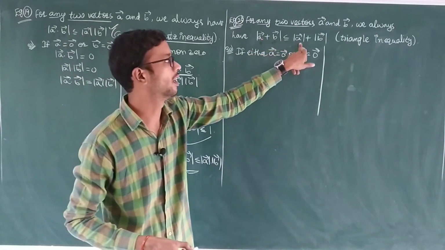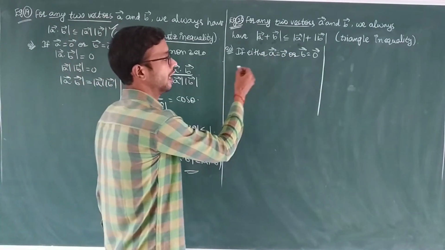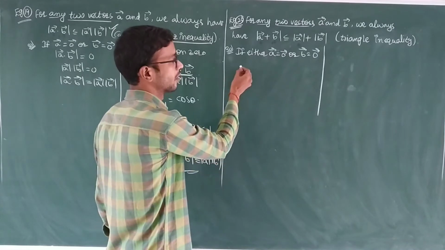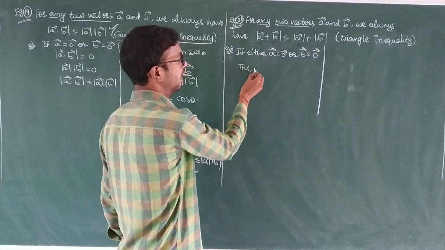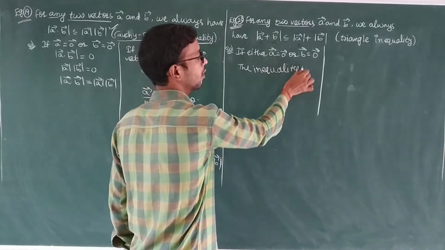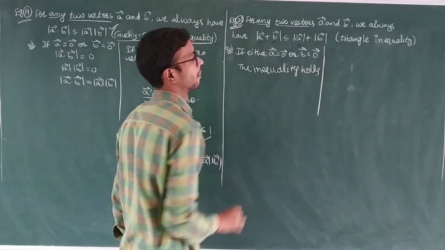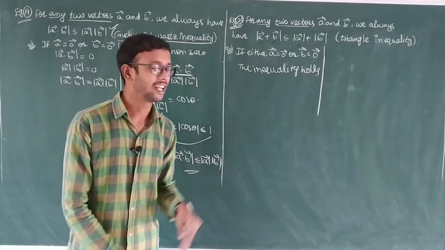Magnitude of A bar on both sides. Equality is there. So here we can write that the inequality holds if either A bar is 0 or B bar is 0, then equality holds.